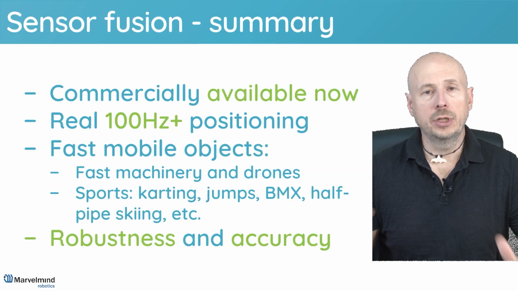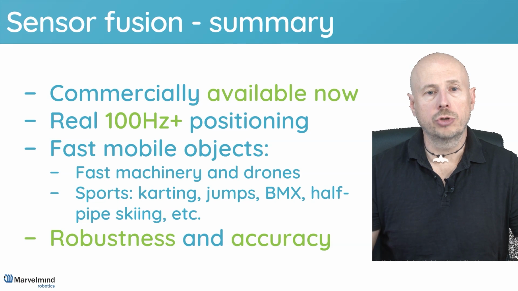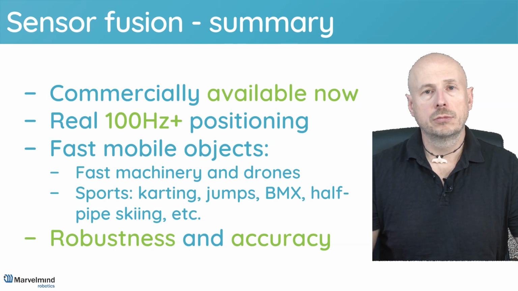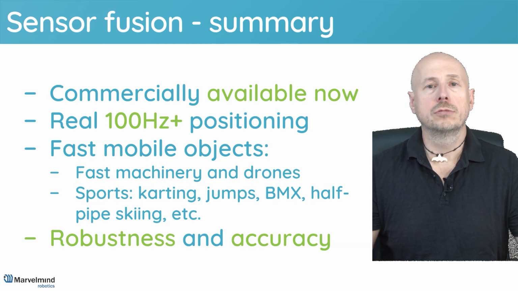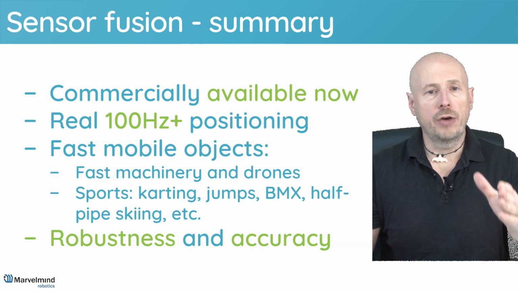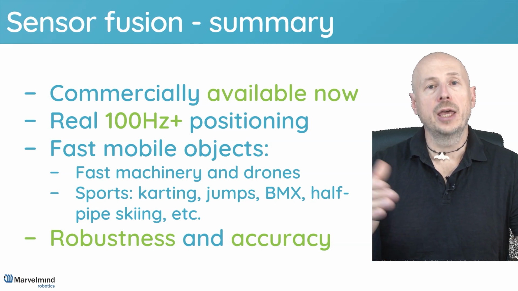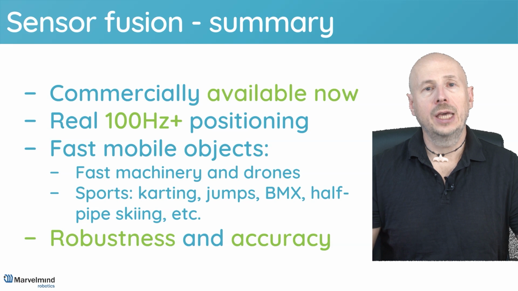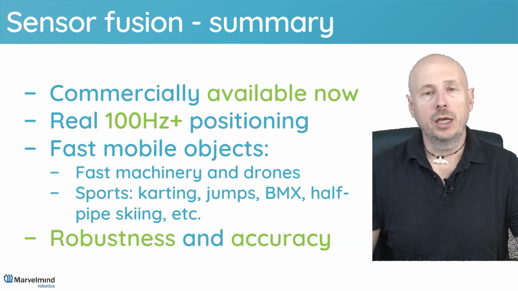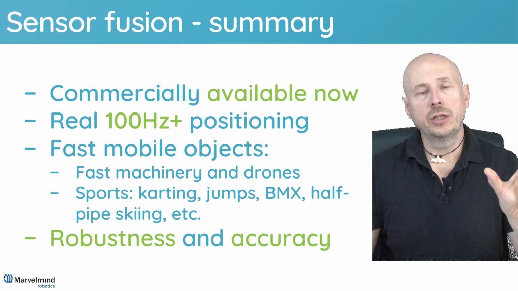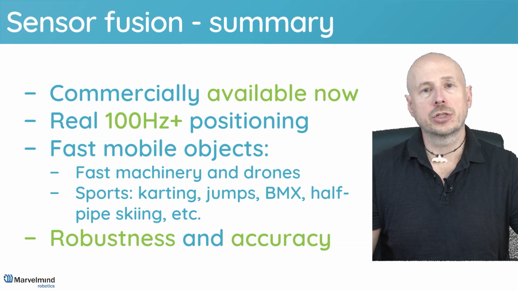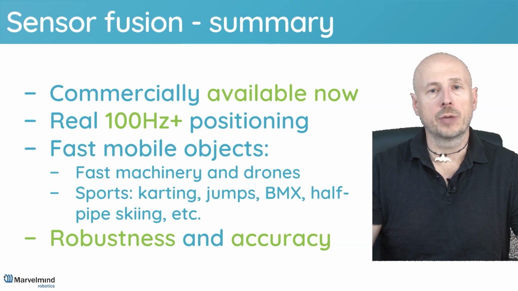Summary. Now let me just reinforce. So now we have several options. You have the real-time player, which is currently free of charge. You have the sensor fusion based on IMU. So IMU sensor fusion is available now, today. It gives you 100 Hz, the real 100 Hz, unlike the real-time player, which is interpolation.